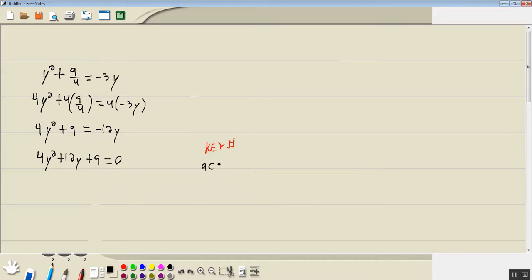So we're going to take our number at the beginning times the number at the end, ignoring signs. So I got 4 times 9, which is 36. We got 1 times 36, 2 times 18, 3 times 12, 6 times 6. And 6 times 6 is what gives us our 12 when we add them together. 6 plus 6 is 12.